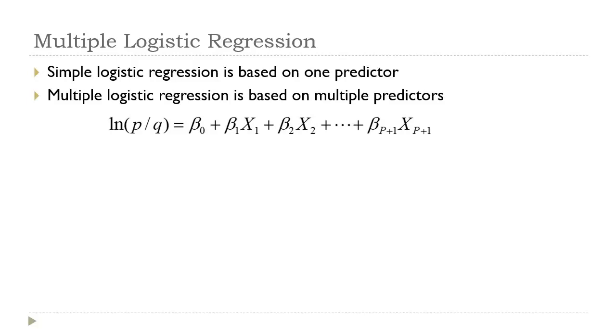It is the natural log of the odds. So the natural log of the odds are equal to this linear combination of parameters that we must estimate multiplied by the explanatory variables. Now in the example that I'm showing you, we have beta 0, beta 1, and beta 2 because we only have two explanatory variables.